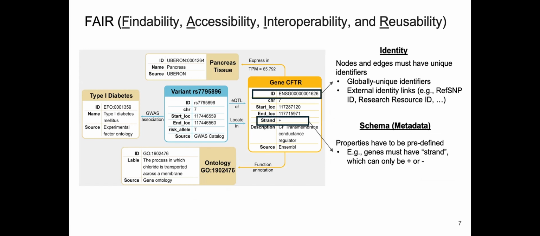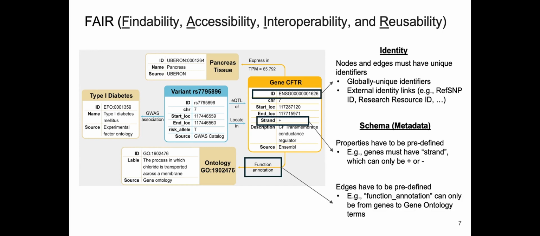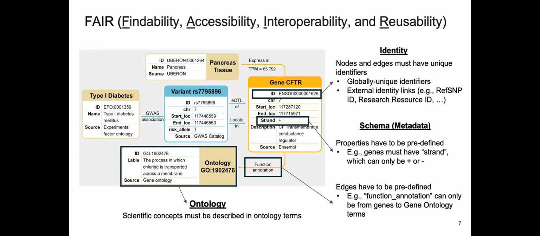For example, the properties need to be predefined. Here, the gene must have strand information; it can only be positive or negative. And on the edges, this functional annotation can only go from a gene to a gene ontology term. So all of this has to be predefined. We also have a collection of ontology terms to make sure we really use a uniform vocabulary.